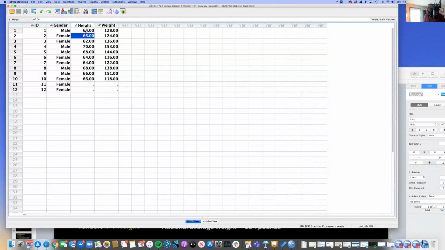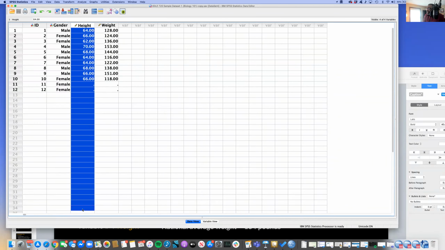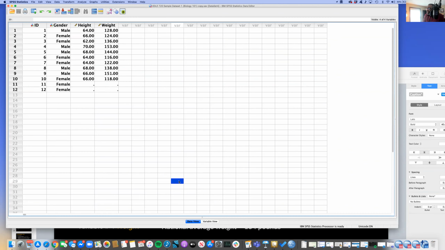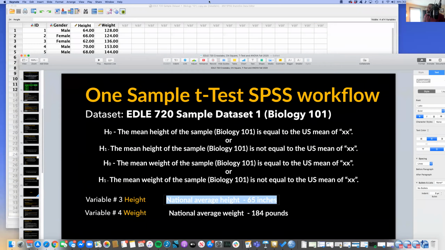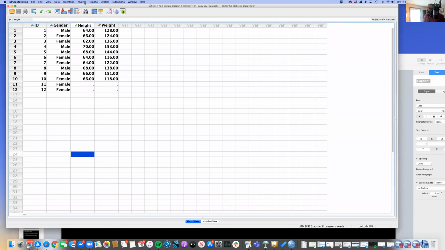But you can imagine if this were 1,000 cases for this class, and we were able to get a mean, we would be able to definitively say that if the mean comes up to be 72 inches, we would say, oh, well, this class is much taller than the United States average height. So let me quit talking and get right into it here.